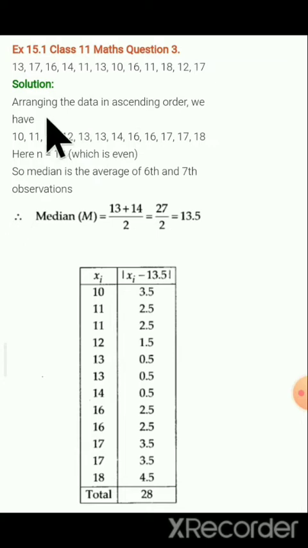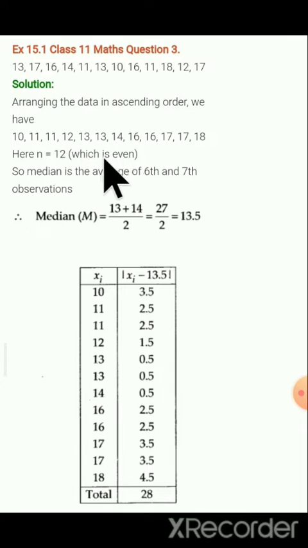So first arrange here given data in ascending order, that is 10, 11, 11, 12, 13, 13, 14, 16, 16, 17, 17, 18. So count here total number of observations, that is 1, 2, 3, 4, 5, 6, 7, 8, 9, 10, 11, 12. So here n equal to 12.